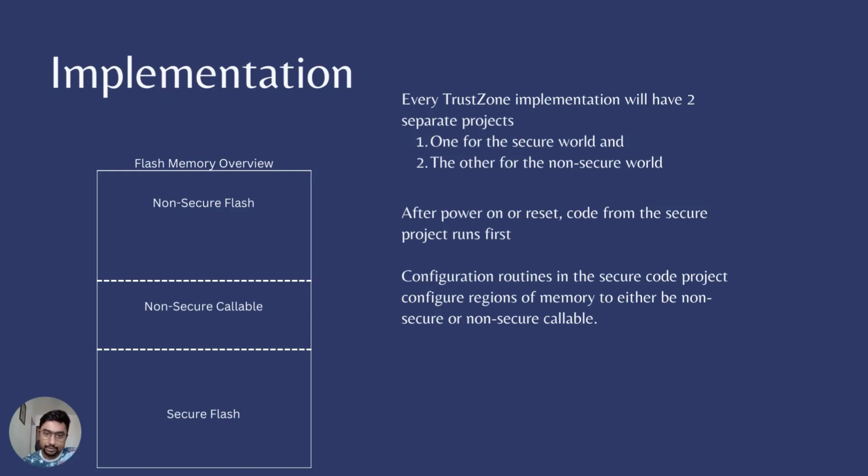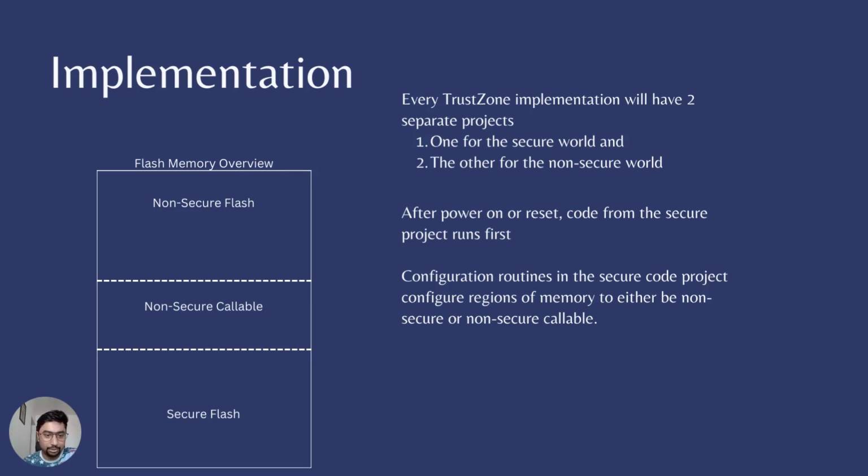Talking about the implementation, to start, it's clear that we need two different projects. The first is a secure project, and the other is the non-secure project. After power on reset, the code from the secure project starts execution. In that secure execution, we need to write our own initialization routine.